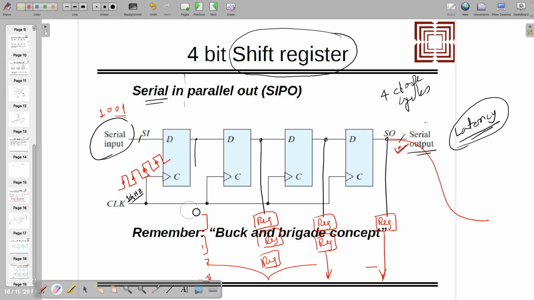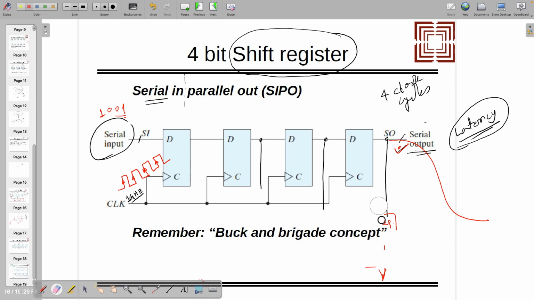Let's go this way. Let's erase all this and let's run with the time. Okay, so you fed 1001, right? So I fed 1. After 1 clock cycle, 1 is available here. Do you agree?